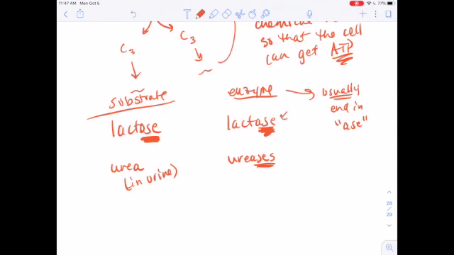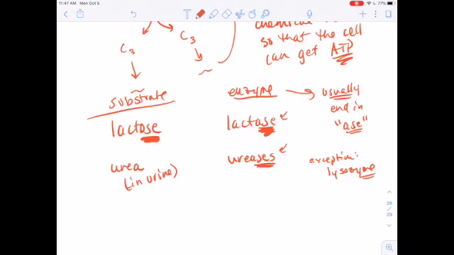So lactase, urease, phosphatase, things like that, they end in ase. But an exception is that thing called lysozyme. That doesn't end in ase. That's an exception.